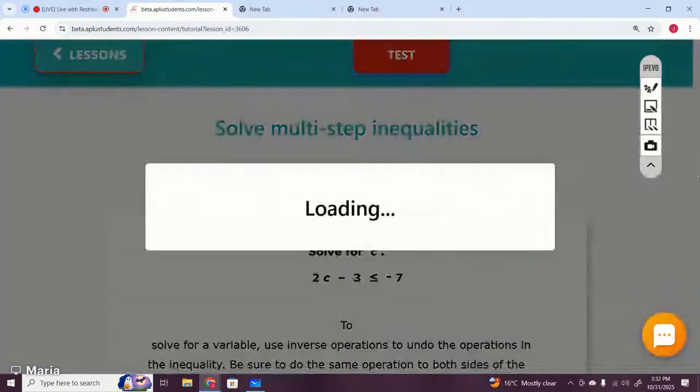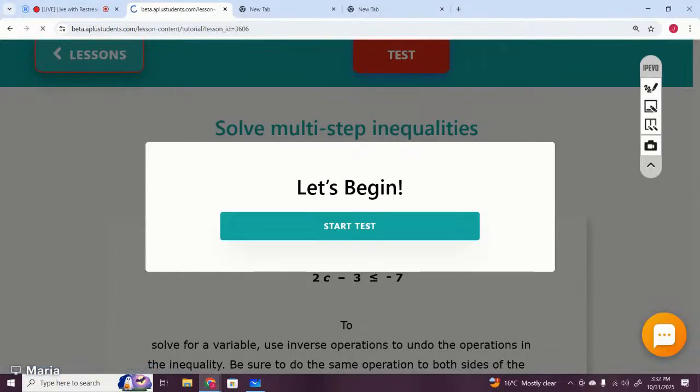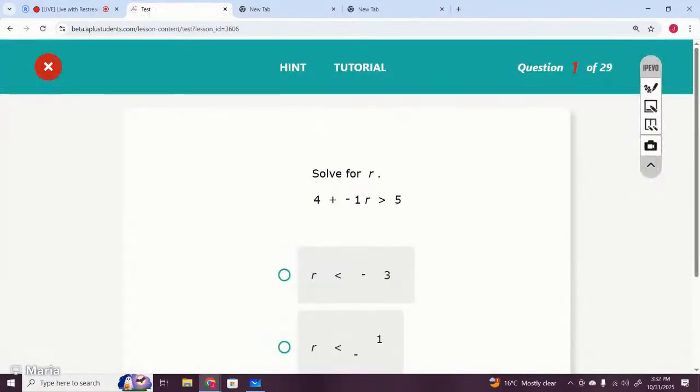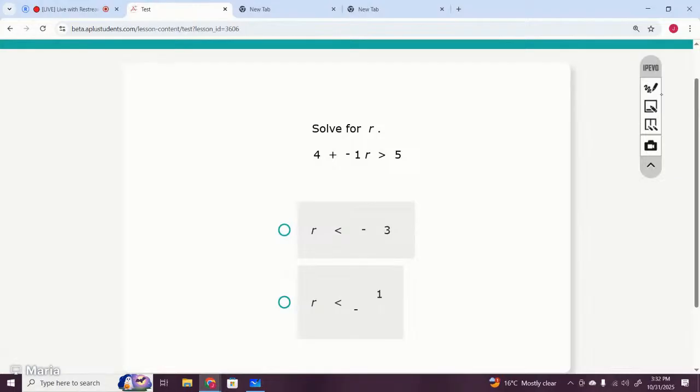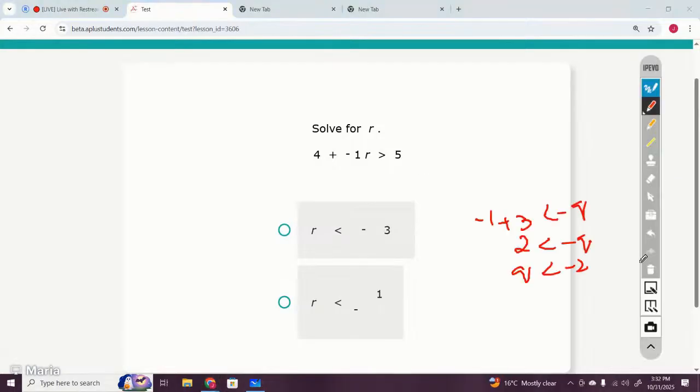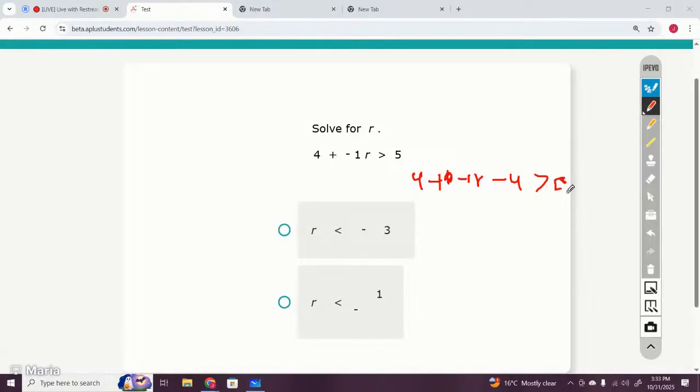Let's just start with the test questions. 4 plus negative r is greater than 5. So subtract 4 from both sides first. This is the first step. 4 plus negative r minus 4 is greater than 5 minus 4. Negative r is greater than 1.